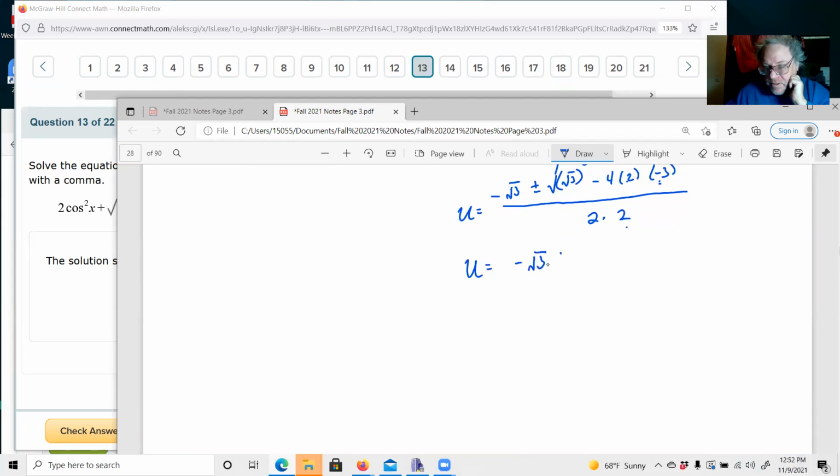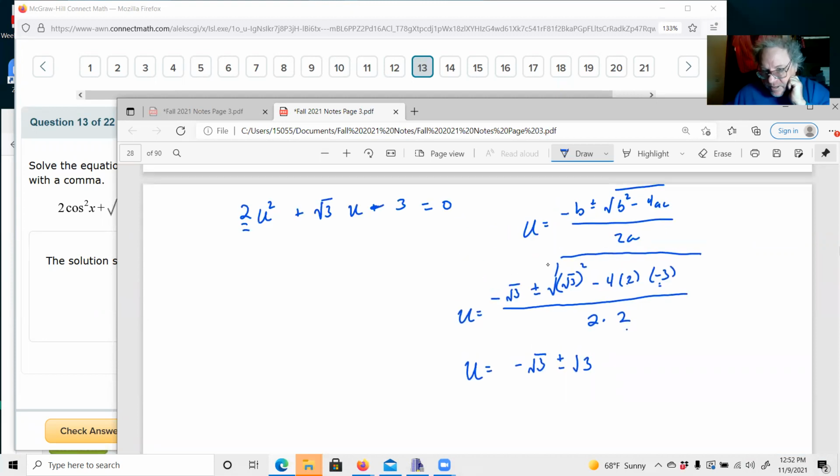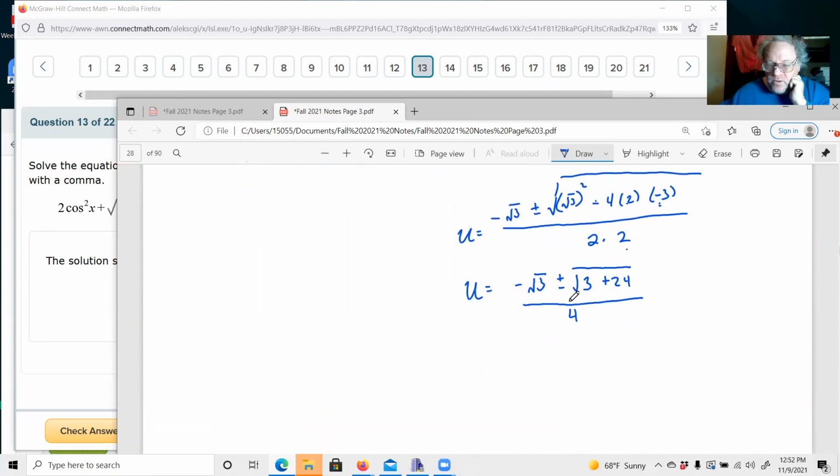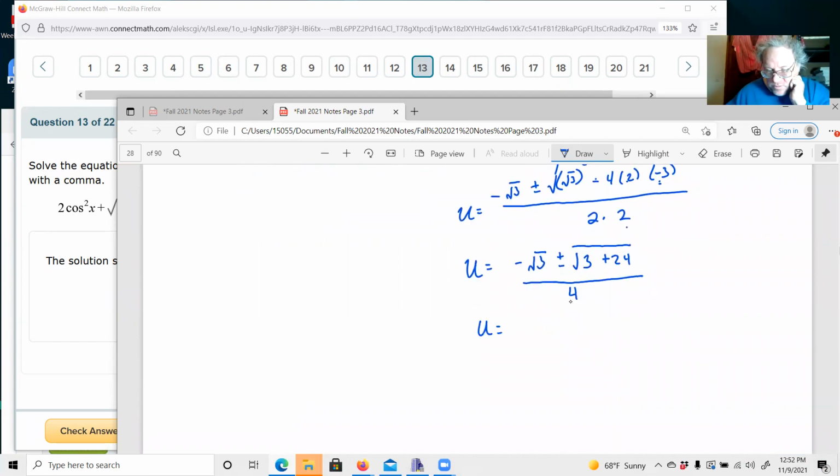So this is square root of 3 plus or minus square root. Square root of 3 squared is 3 minus, but there's a minus, so it's a plus. We have 4 times 2 times 3. Every way you want to do this. 4 times 3 is 12. 12 times 2, 24. Okay. All over 4. Okay. So now we're going to say u is equal to negative square root of 3 plus or minus square root of 27 all over 4.